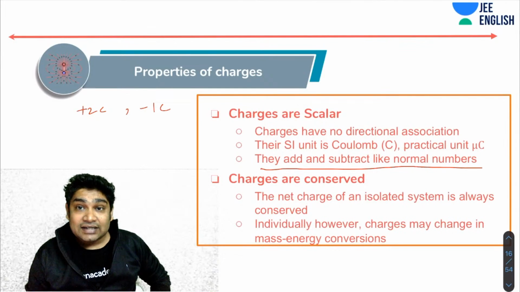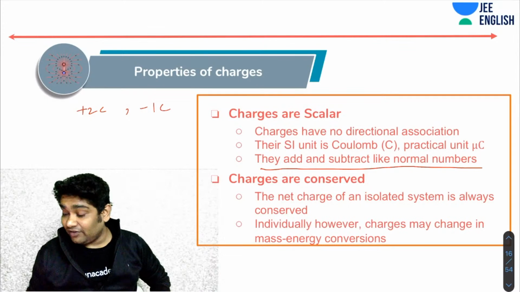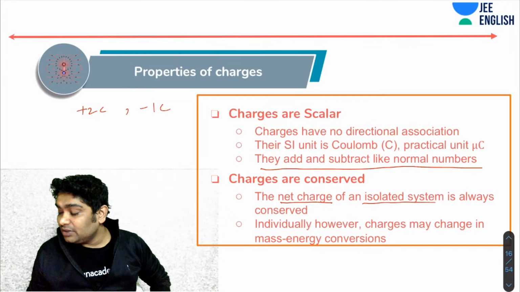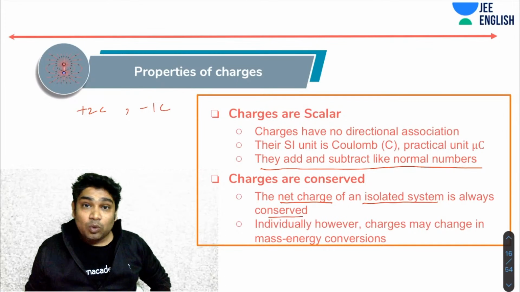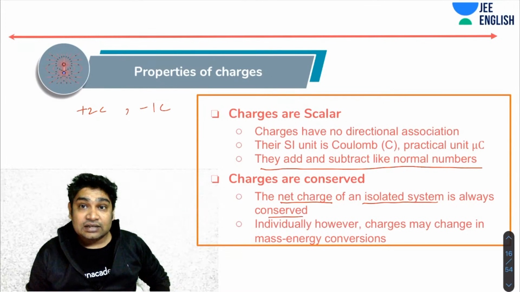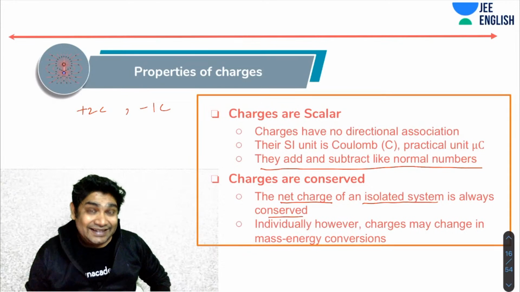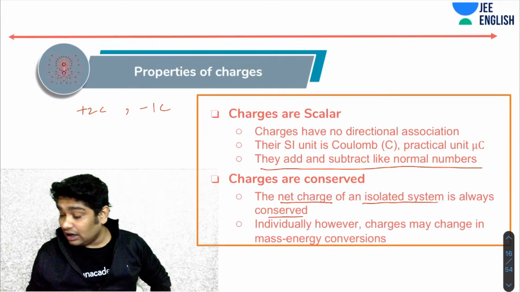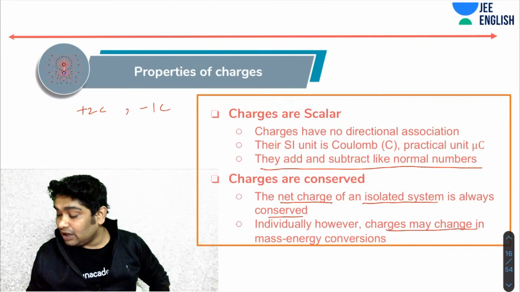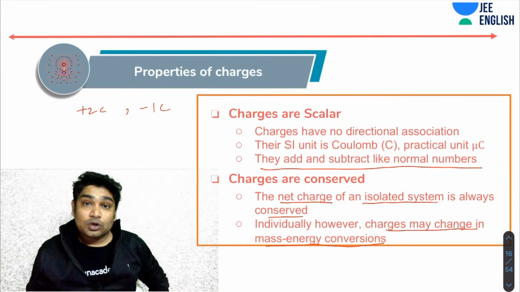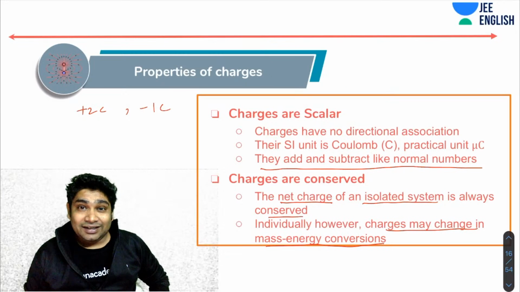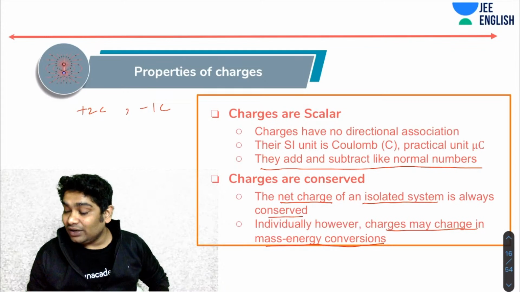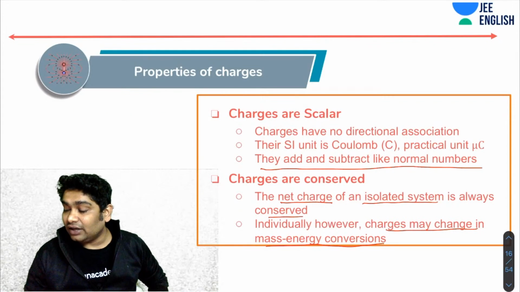Next, charge is conserved. Now, please note that this is very, very important. The net charge of an isolated system is always conserved. When I say charge is conserved, we always talk about the net charge of any system being conserved. Individually, charges can, however, change in energy-mass conversions. Please note, since this is a revision class, most of you would know that matter can be converted into energy and energy can be converted into matter, right?